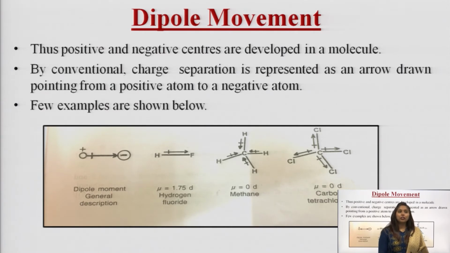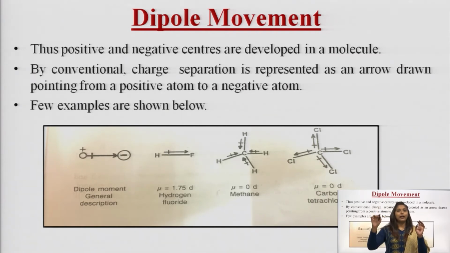By the conventional charge separation is represented as an arrow drawn pointing from a positive atom to a negative atom. अगर हम एक कन्वेंशनल चार्ज सेपरेशन की बात करें तो हम उसमें क्या एक एरो से उसको डिनोट करते हैं फ्रॉम नेगेटिव टू पॉजिटिव.